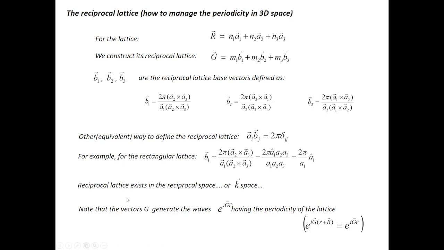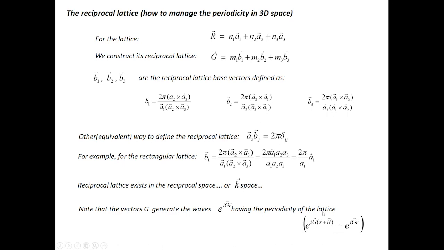And then we may see that these G vectors, these reciprocal lattice vectors, generate waves, because this is a spatial wave having the periodicity of the lattice. If you write something like that, it is very easy to see, because G·R is always a multiple of 2π.